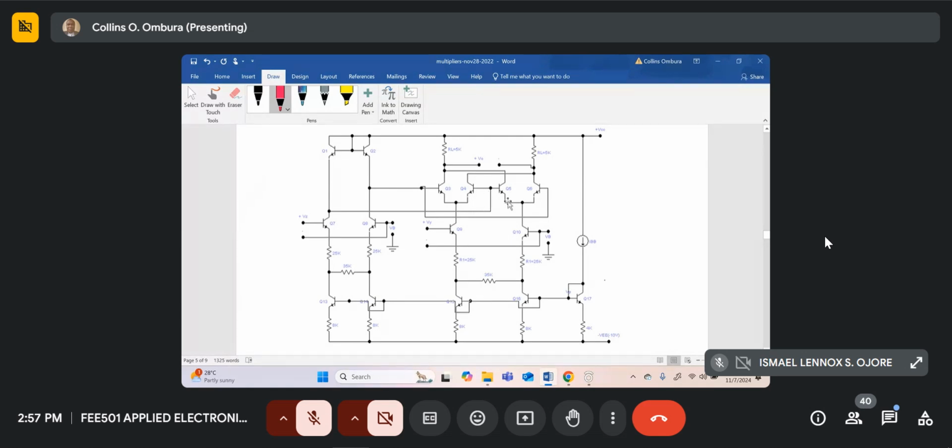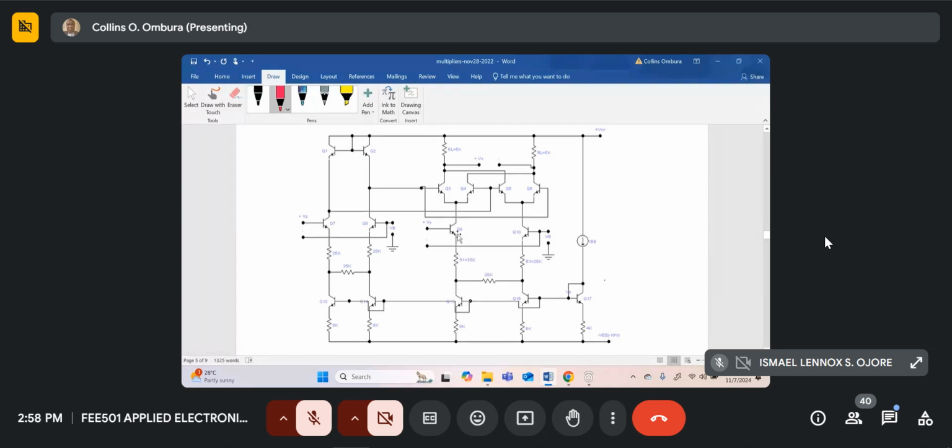So let's look at this circuit over here. If you look here, Q3, Q4, Q5, Q6, this Q9, Q10, this actually forms a Gilbert multiplier cell. This is our multiplier. And they use a slightly different design at the emitter.